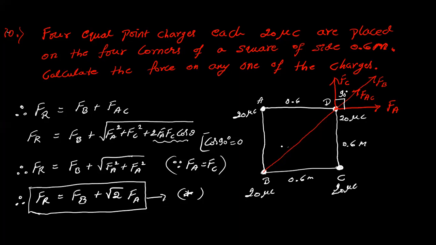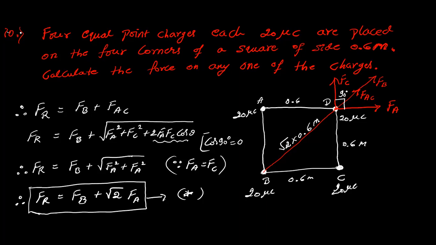The diagonal of the square is root 2 into the side, so root 2 into 0.6 meter. This is the distance between charges B and D. While finding FB, use Coulomb's law and substitute this distance, and for FA, substitute the side length. Then you get the resultant.